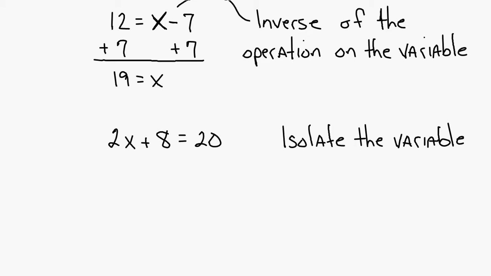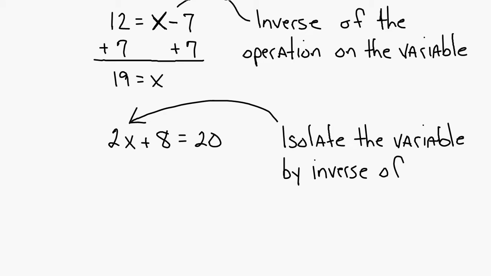So you're going to take this 2x, which is the variable, and you're going to isolate it by doing the inverse of addition. What's the inverse of addition? Subtraction. All right, so you're going to subtract 8 from each side.